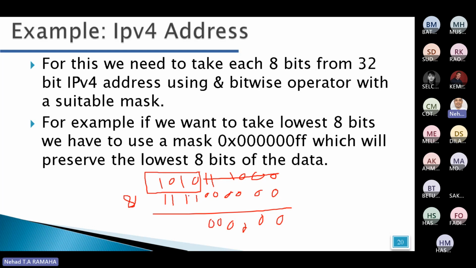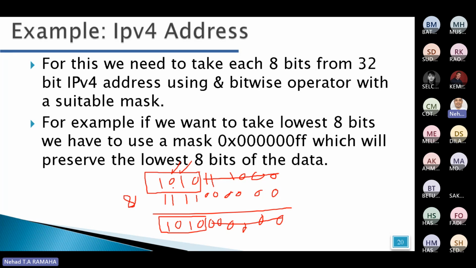And this one depends on the original data. So 0 and 1, 0; 1 and 1, 1; 0 and 1, 0; 1 and 1, 1. Look, we convert everything into 0 except the 4 digits that we need. So this is the idea.